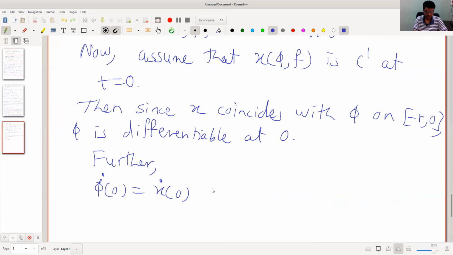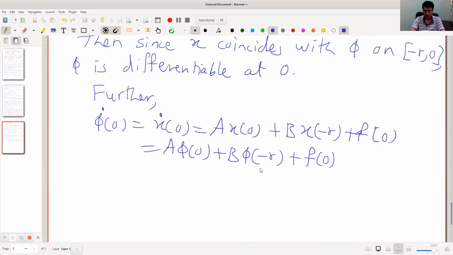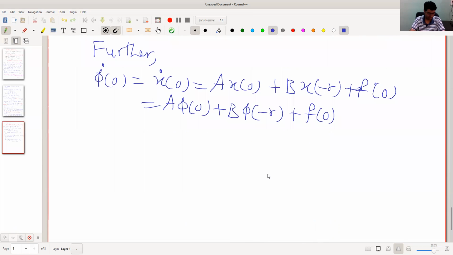But x dot of 0 is nothing but a x of 0 plus b x of minus r plus f of 0. Now x of 0 is the same as phi of 0, x of minus r is the same as phi of minus r, plus f of 0. Okay, so phi dot of 0 is a phi of 0 plus b phi of minus r plus f of 0. Okay.